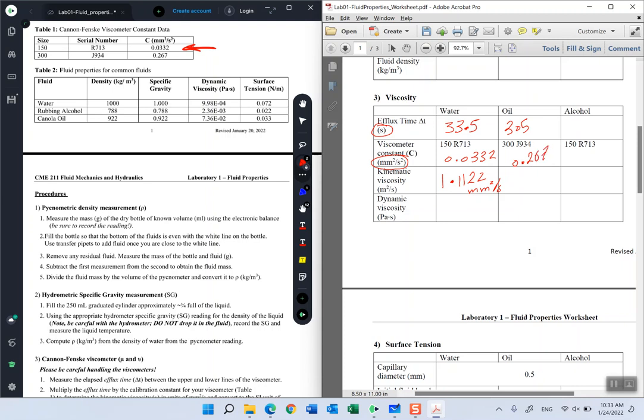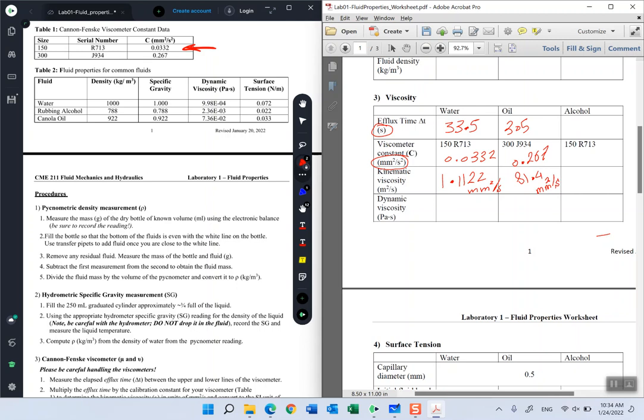So to get the kinematic viscosity, we multiply 305 by 0.267, so it's 81.4 millimeter squared per second.